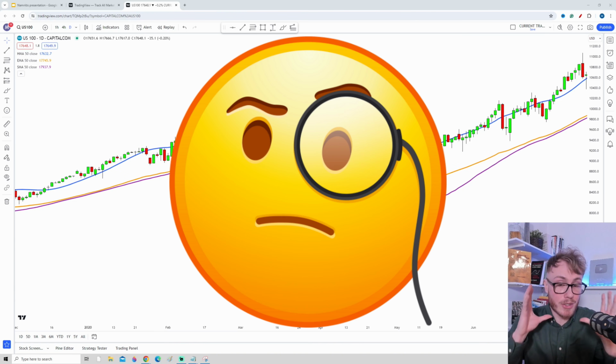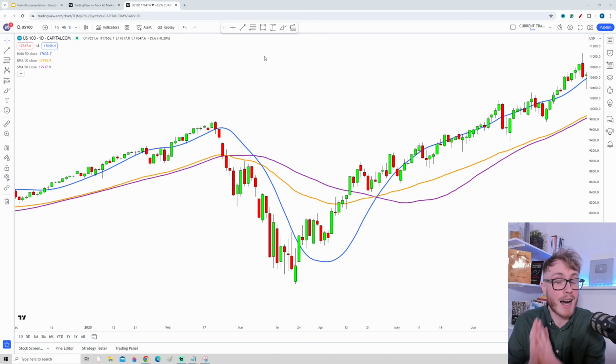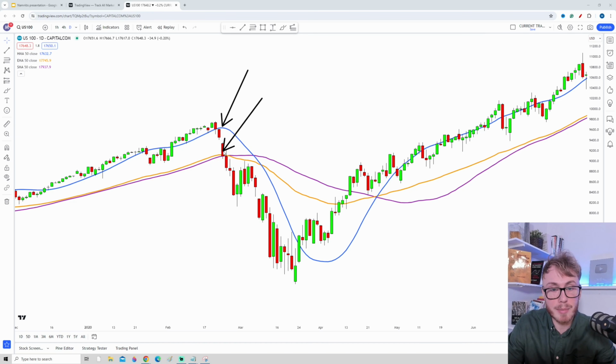And what I want you guys to notice here is, first of all, how big of a difference the responsiveness is between these moving averages. So for example, the Hull moving average reacted to the crash all the way up here. So pretty much when the crash started. The EMA took a little bit longer time. You can see it reacted down here, while the SMA took the longest time to react.